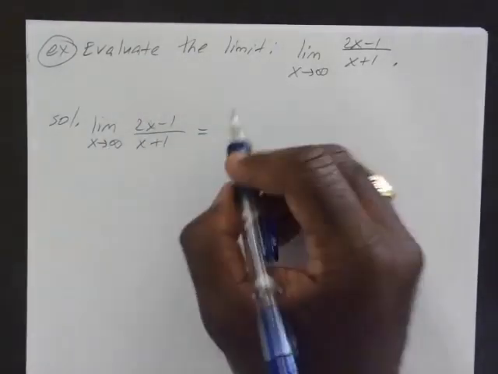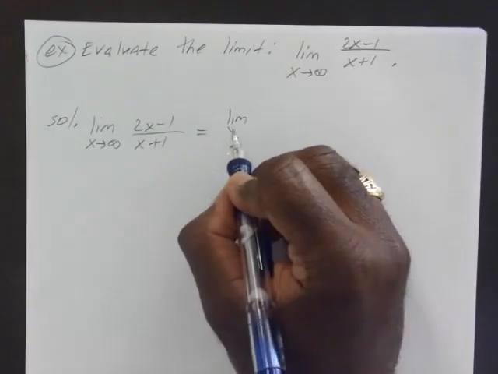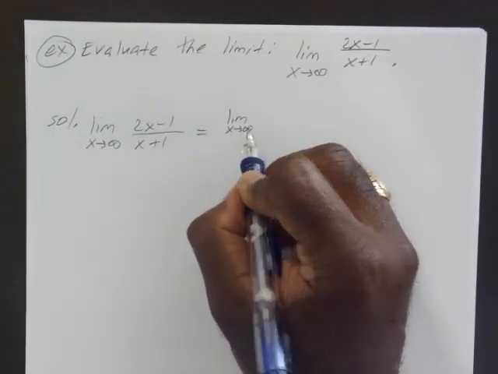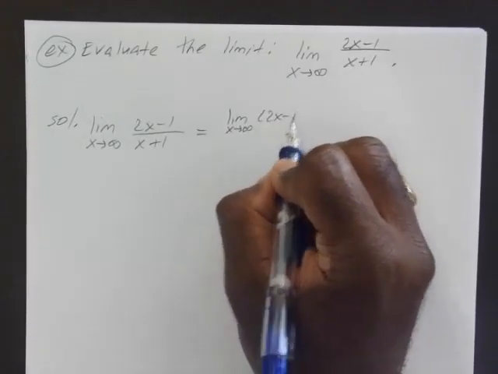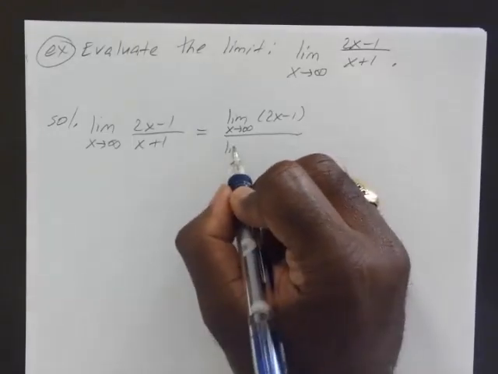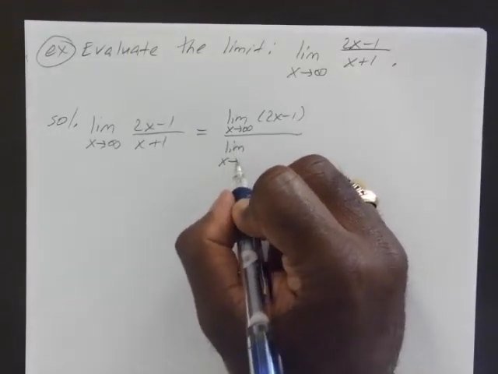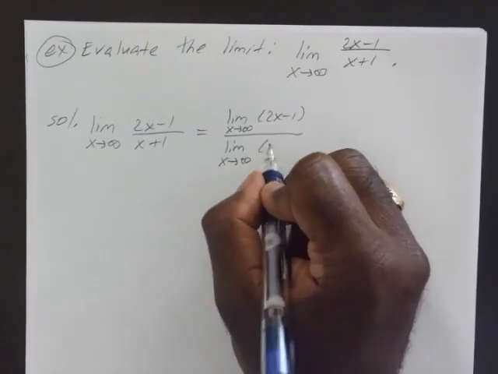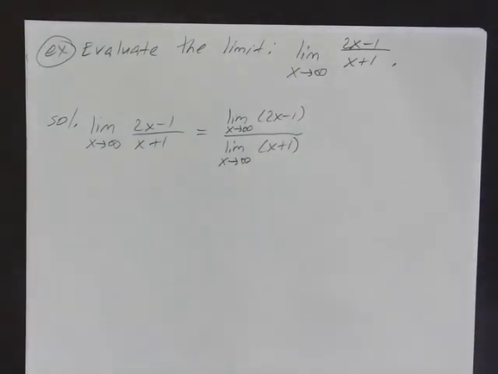So we can take the limit of the numerator of 2x minus 1 divided by the limit as x approaches infinity of x plus 1.